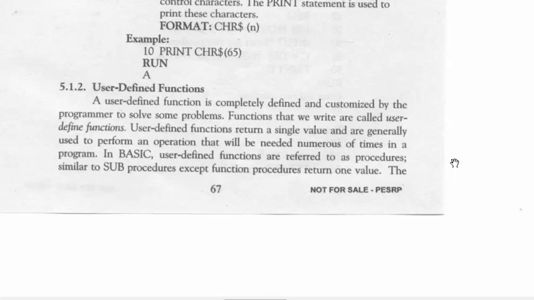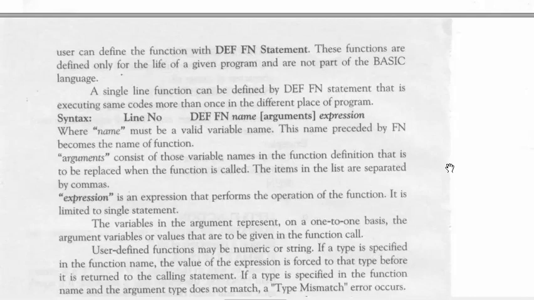User-defined functions return a single value and are generally used to perform an operation that will be needed numerous times in a program. In BASIC, user-defined functions are referred to as procedures, similar to sub-procedures, except that a function procedure returns one value. The user can define the function with the DEF FN statement.